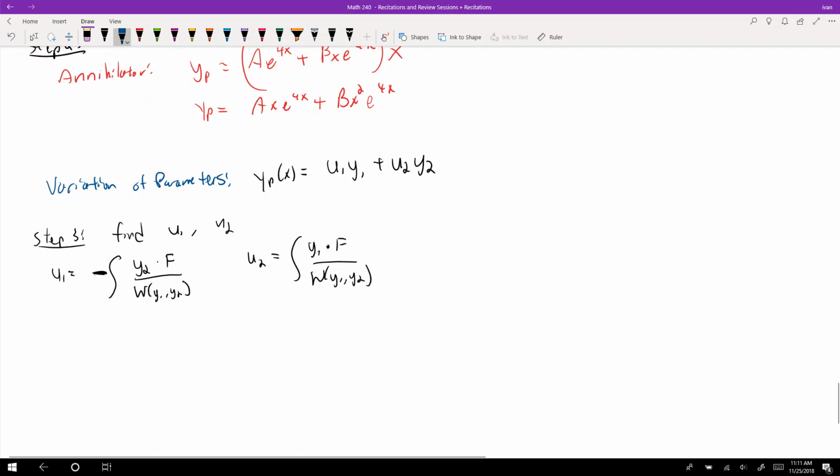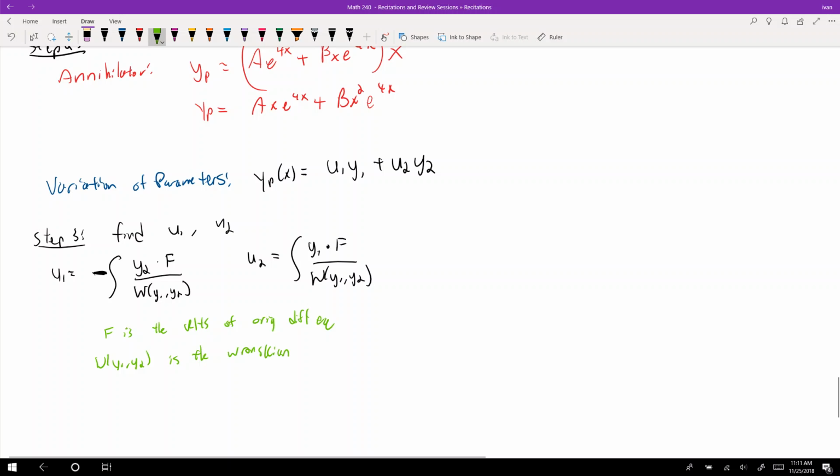So, what are the parts? f of x is always the right-hand side of the original diff EQ. And the Wronskian W(y1, y2) is the Wronskian.